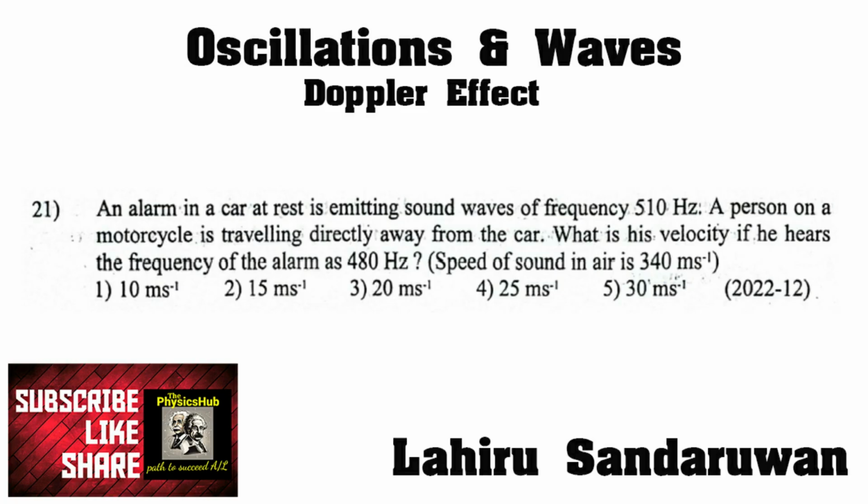An alarm in a car at rest emits sound waves of frequency 510 Hz. A person on a motorcycle is traveling directly away from the car. What is the speed? Here, the frequency of the alarm heard is 480 Hz. Speed of sound in air is 340 meters per second.